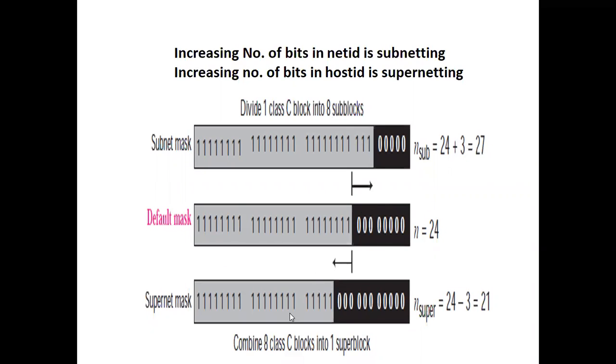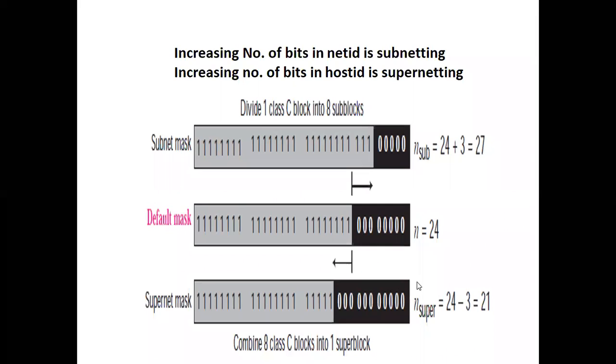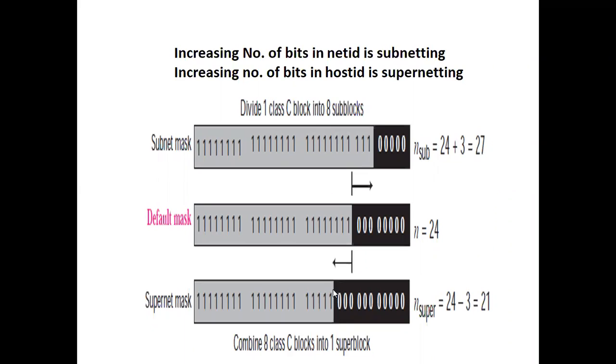Similarly, when you combine 8 sub blocks of class C blocks into one super block, then instead of increasing the gray shaded area, which means the net ID, you are increasing the host ID, that is the black shaded area. So here you can observe 24 minus 3, meaning 21 bits will be there for net ID: 8 plus 8, 16, plus 5, 21.